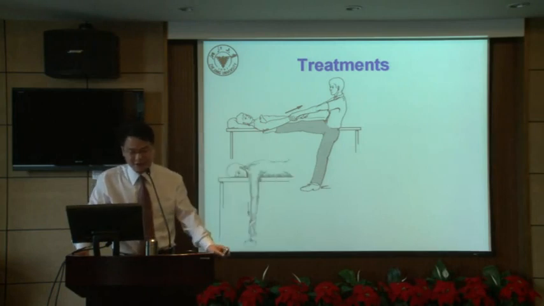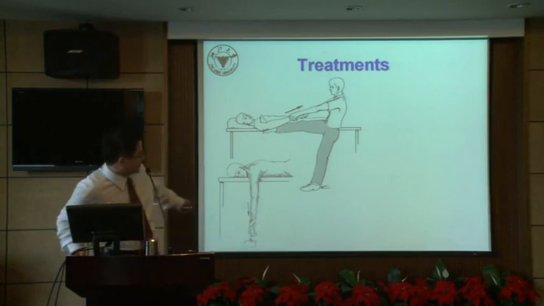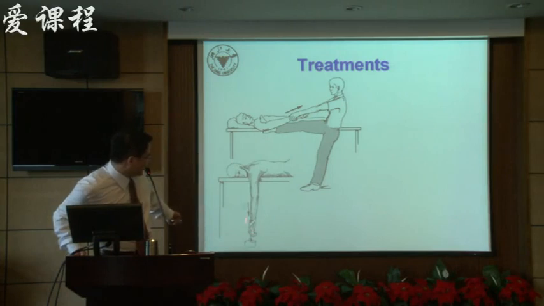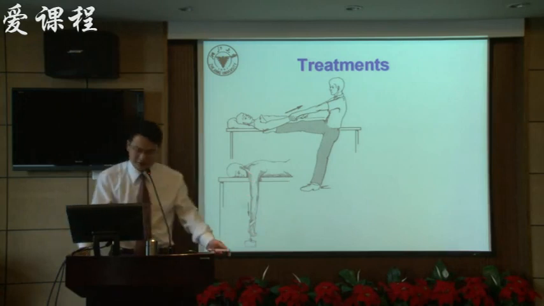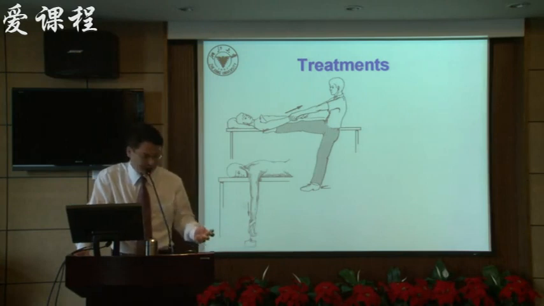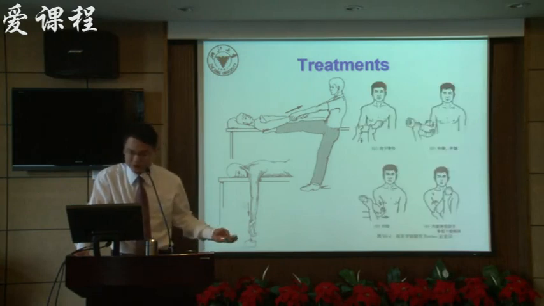Here is another slow way. Let the patient lie down this way and hang some weight here, and gradually this weight will relax the muscle and pull the shoulder down, and will reduce the dislocated shoulder.